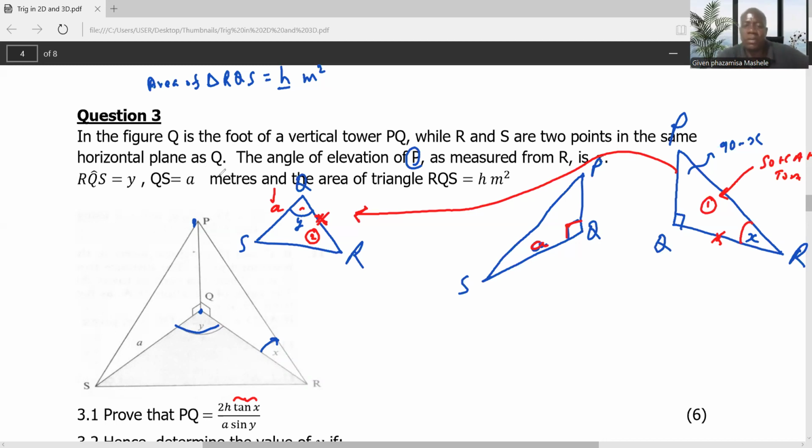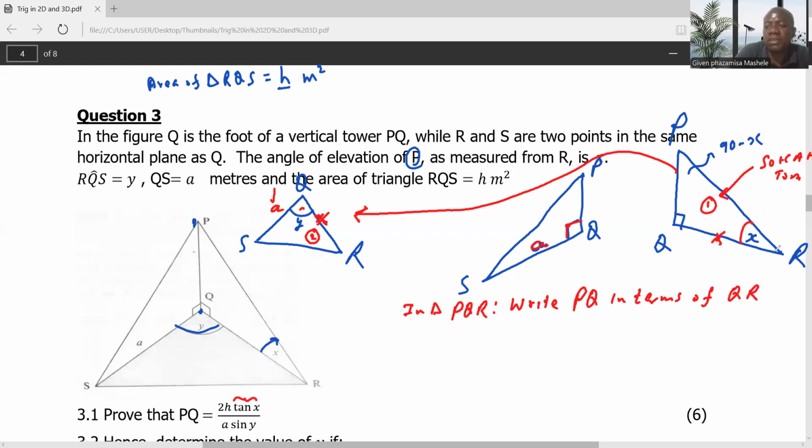And how to do that? Let's do this. First of all, because we want PQ, we're going to say in triangle PQR, let's write side PQ that we're looking for in terms of QR. Why QR? QR is a common side.